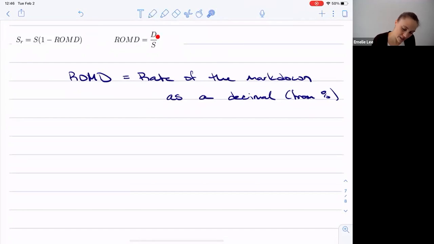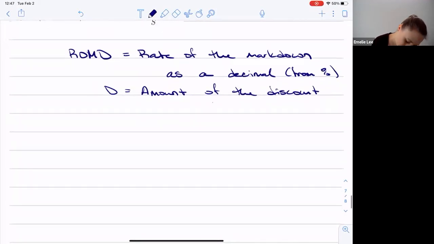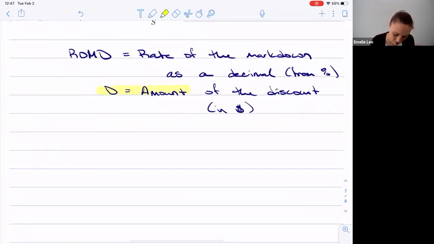The difference here is that D is the amount of the discount. This is the rate of the markdown, and then the amount of the discount. D is in money, so just to emphasize, this is the amount versus the rate.